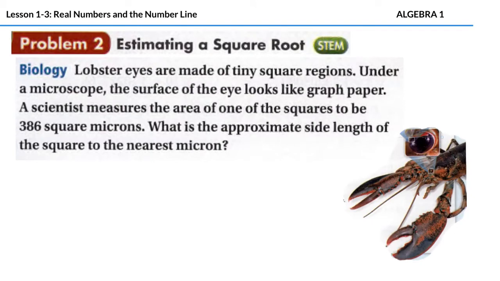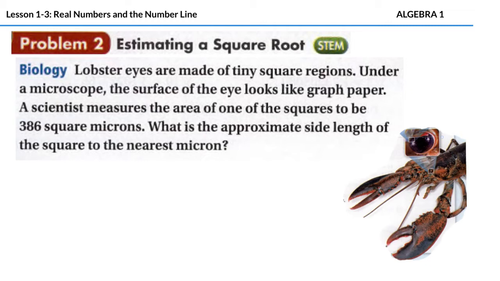Let's try this. Lobster eyes are made up of tiny square regions. You can see that in the picture over here. These are the eyes of the lobster. The picture is enlarged. Under the microscope, the surface of the eye looks like graph paper. A scientist measures the area of one of the squares to be 386 square microns.